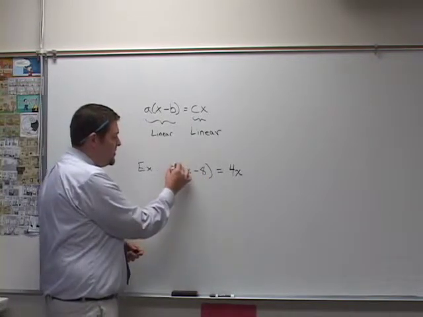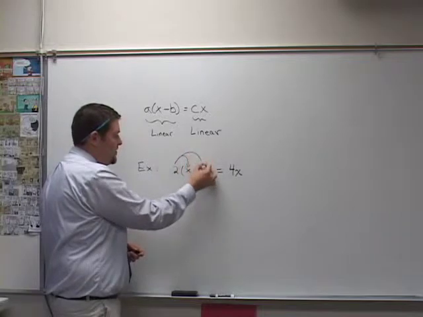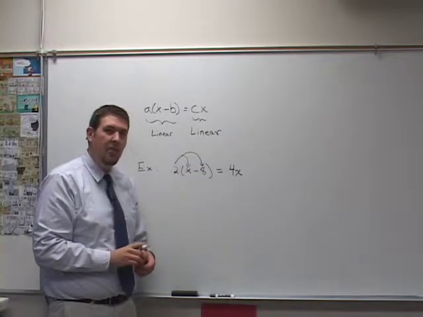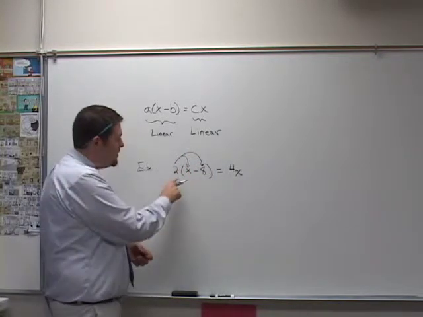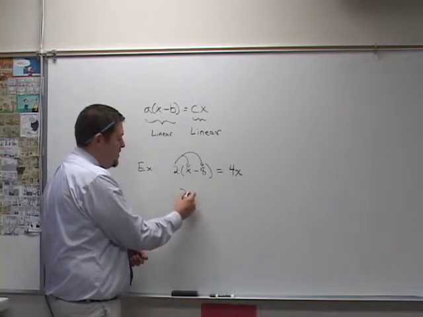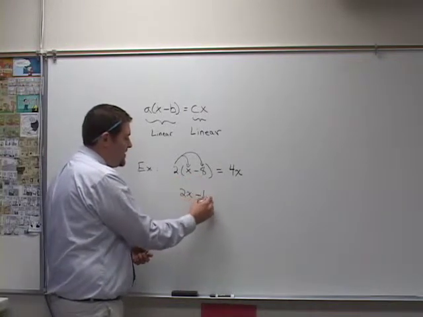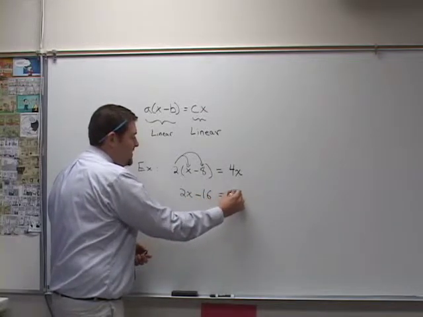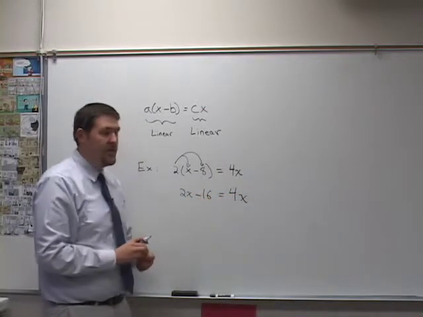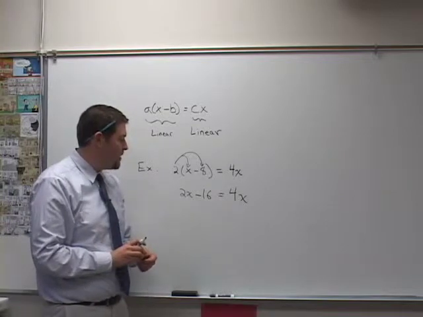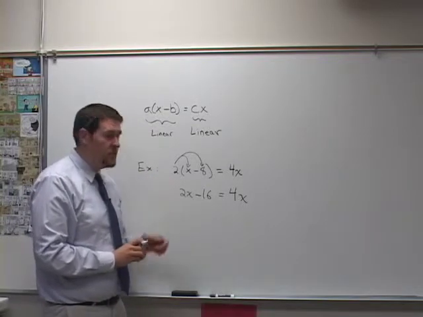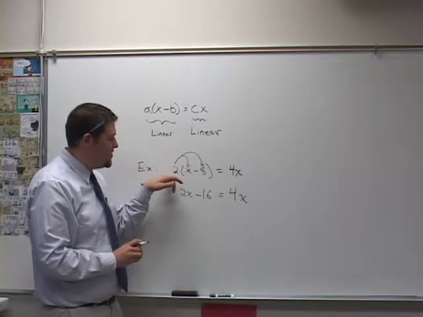So we're going to distribute the 2 here and distribute the 2 there. I use the arrows to help remember where I'm multiplying. 2 times x is 2x, and 2 times a negative 8 is a negative 16. That is still equal to 4x on the right of this equation. That's the first step, using the distributive property of multiplication.